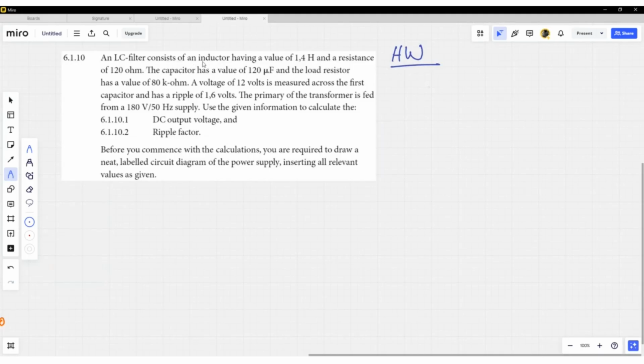So we have an LC filter that consists of an inductor that has a value of 1.4 henries and a resistance of 120 ohms. And the capacitor then has a value of 120 microfarad. And we have a load resistor with a value of 80 kilo ohms.